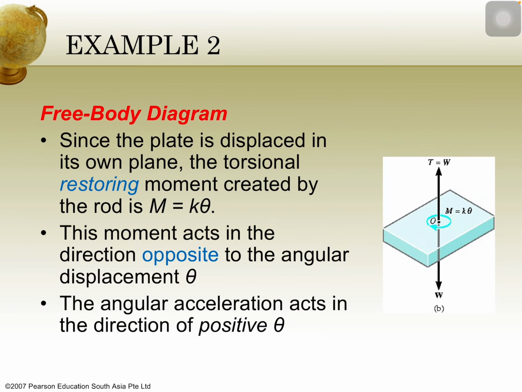Now again, we need to consider the free body diagram. Since the plate is displaced in its own plane, the torsional restoring moment created by the rod is, so we need to know this formula.